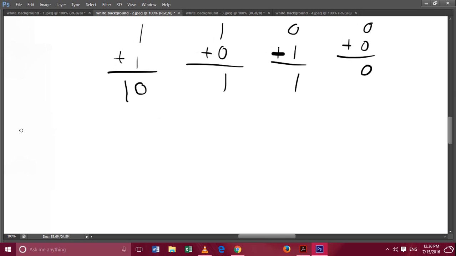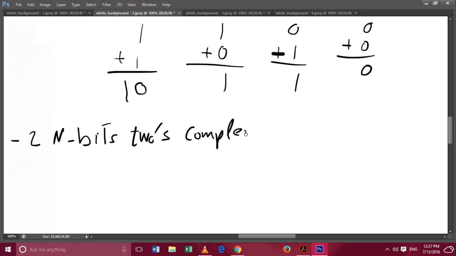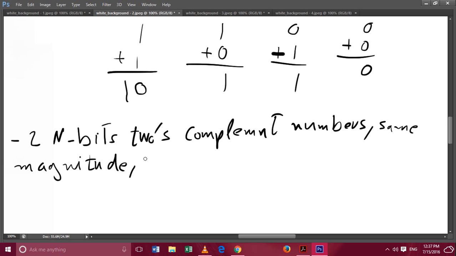If we have two n-bit two's complement numbers with the same magnitudes but different, or opposite, signs, and we add them up, the result is supposed to be 0.